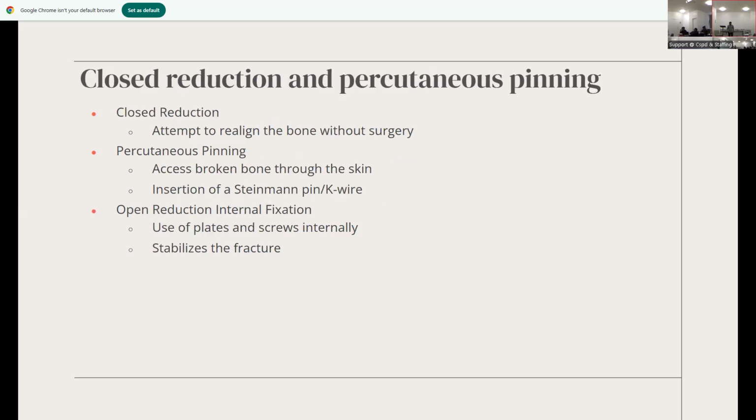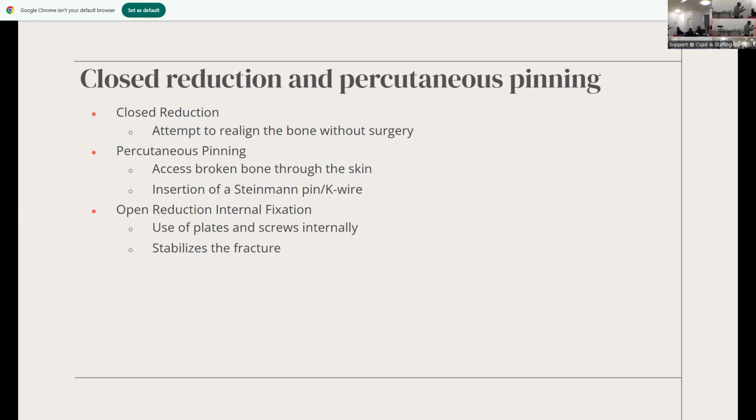Let's continue. All right, closed reduction and percutaneous pinning. Closed reduction is an attempt to align a broken bone without doing surgery. Have you ever experienced that growing up, especially with the guys, you go and play soccer or football, and sometimes you get hurt, you see that part of your body is swollen.